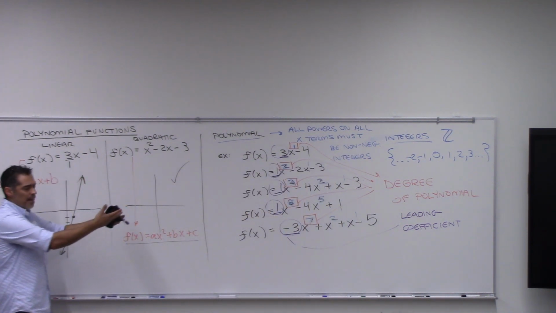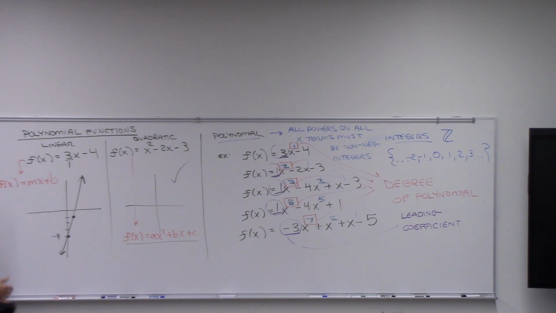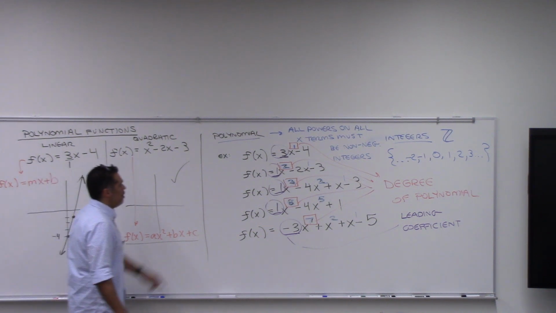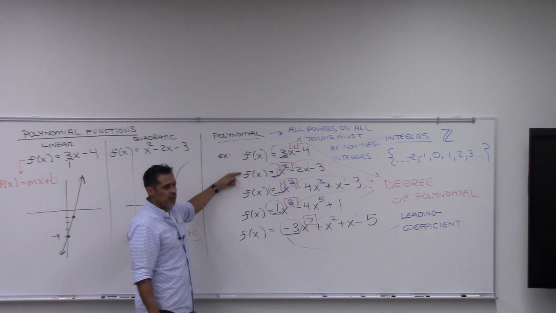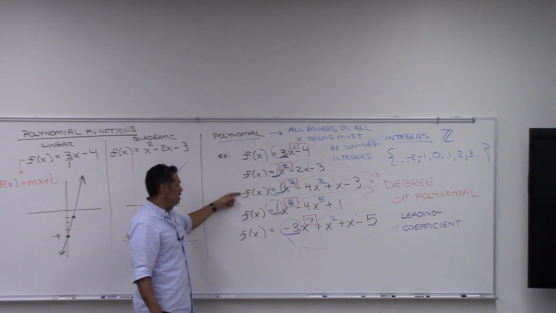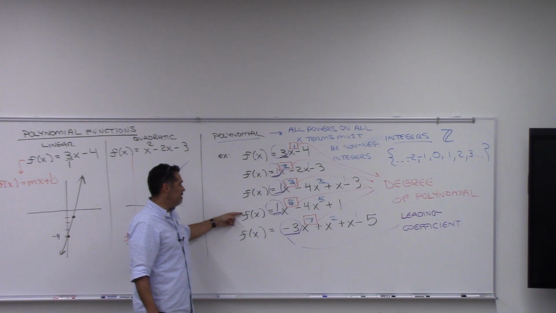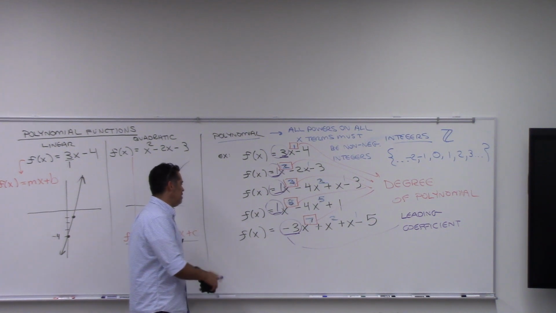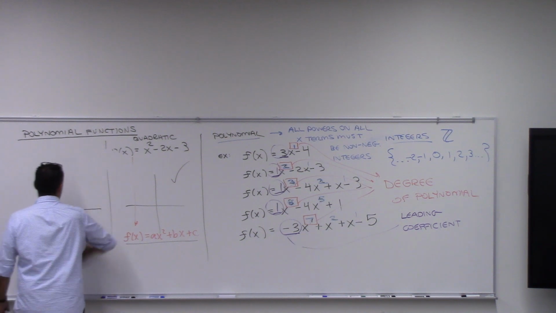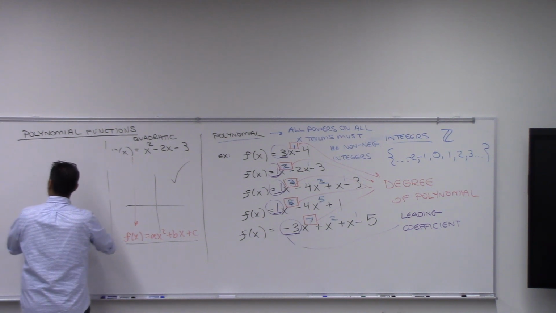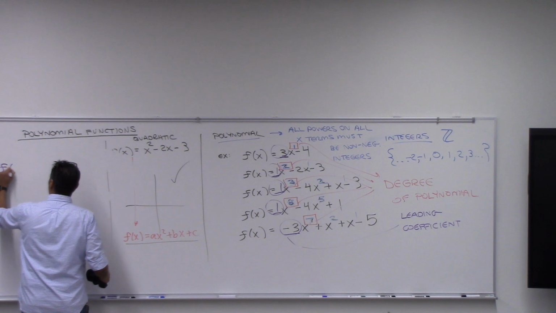So that's why when I put these up here, I want you to be able to identify them. So let's see if y'all understand. What's the degree of this polynomial? Degree 1, leading coefficient 3. Degree 3, leading coefficient 1. Degree 7, leading coefficient negative 3, right? One more. I don't think I'll trick you, but I'm going to try.